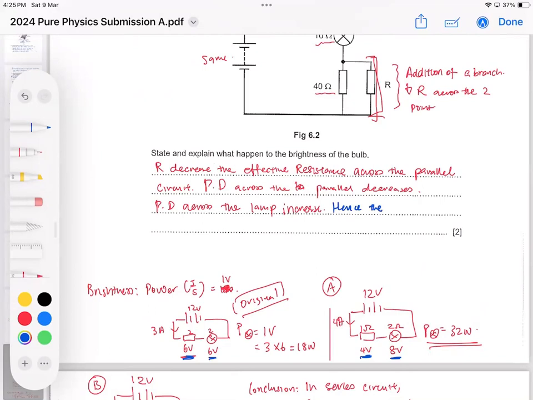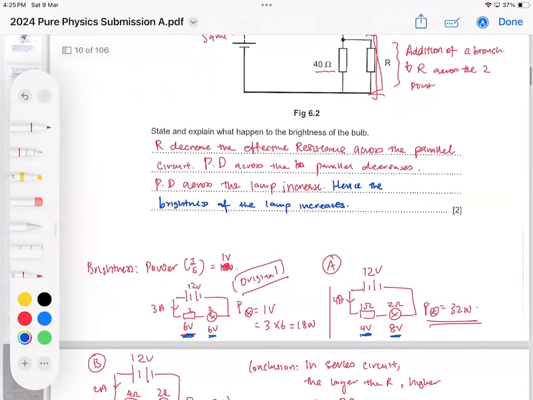Hence, the brightness of the lamp will increase. Okay, this is the entire setup.